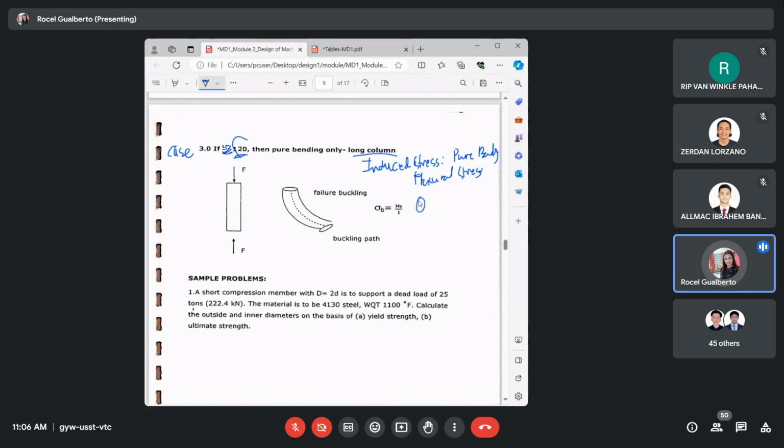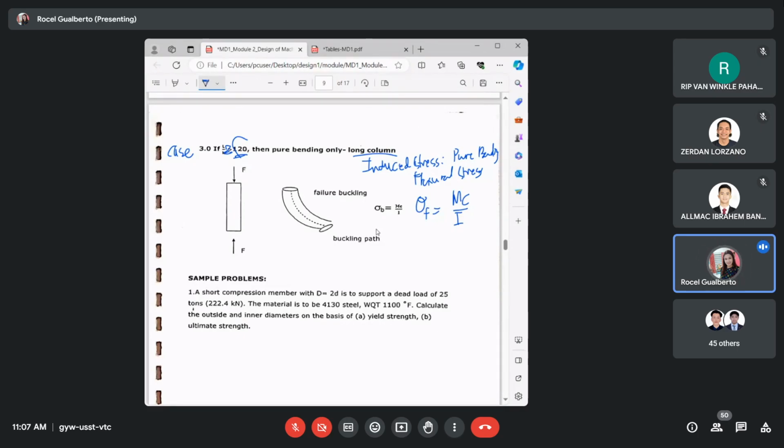So, for our equation, the bending or the flexural stress is equal to MC divided by I. Again, I pertains to the moment of inertia. M pertains to the maximum moment, which can be taken from your shear and moment diagram. Okay? And C will be taken from the different cross-section. Okay? So, yan po yung magiging flexural stress natin.